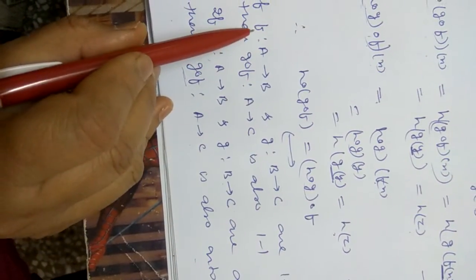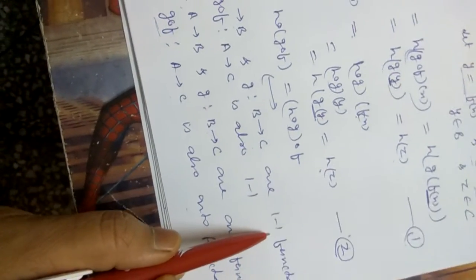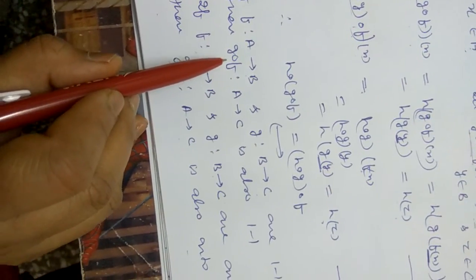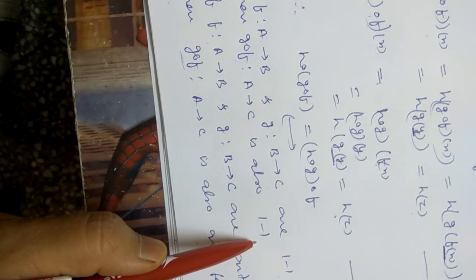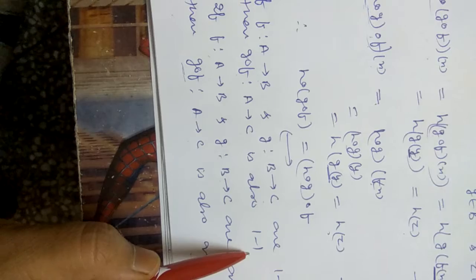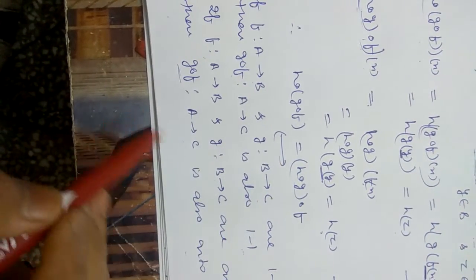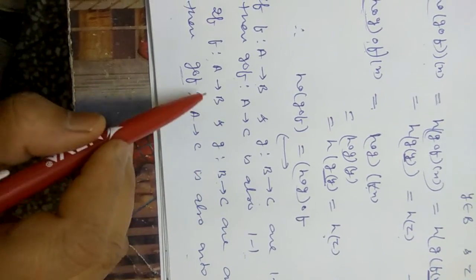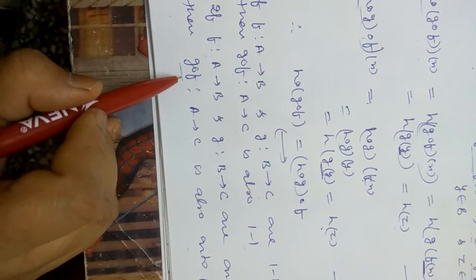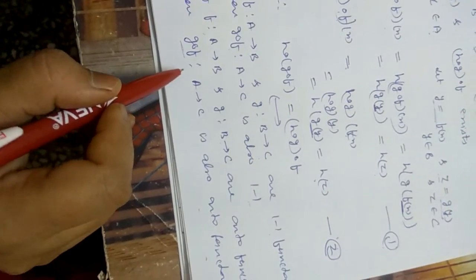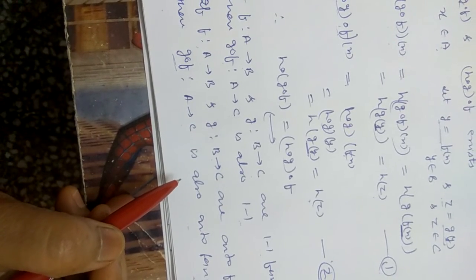And the last one: f from A to B, g from B to C are one-one functions, then g∘f is a function from A to C is also one-one. It means the composition of functions is one-one if f and g are both one-one. The composition function is onto if f and g are both onto functions.